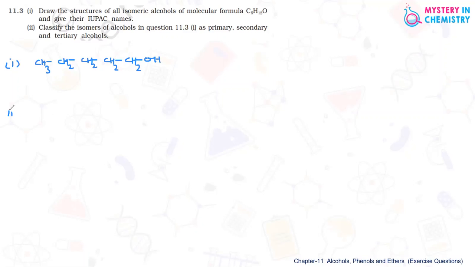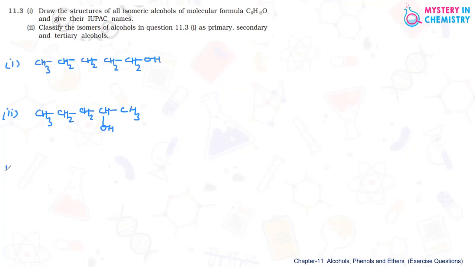Now come to the second isomer. In the second isomer, the carbon skeleton will remain the same, that is 5 carbon atoms are in one line, and this time we are keeping OH group at the second carbon atom and remaining hydrogen. So one hydrogen needed here, here 2 hydrogen, here also 2 hydrogen, and this should be CH3.